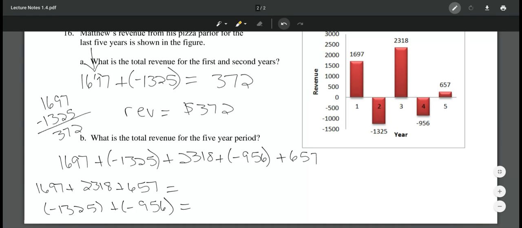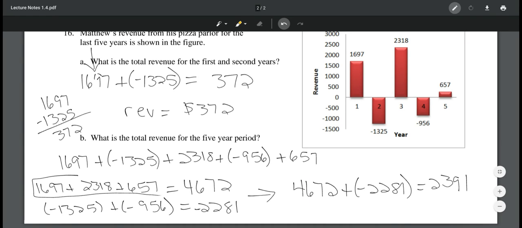So what I did is I took these 3 numbers, added them together, and I came up with 4,672. I took my 2 negative numbers and came up with negative 2,281. And then I added these 2 totals together, which means I really subtracted them and kept the positive sign because the absolute value of 4,672 is bigger than the absolute value of the negative number.